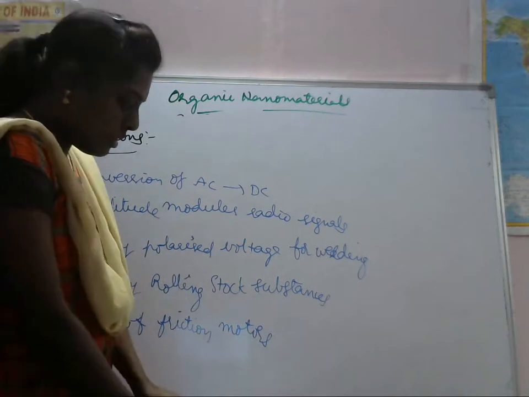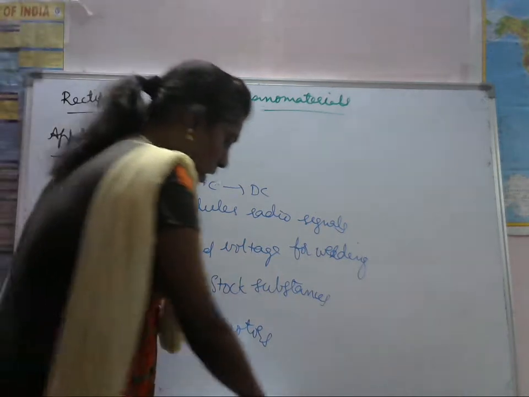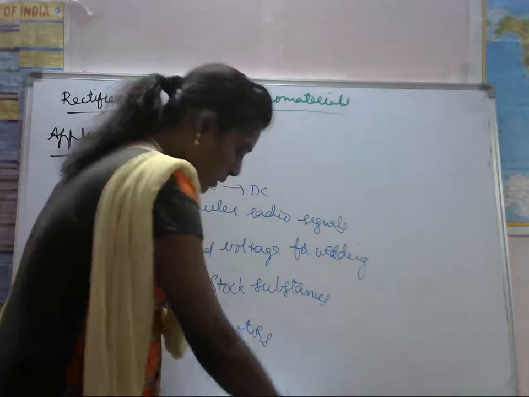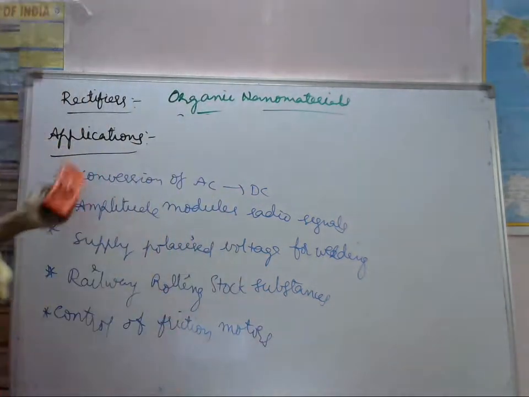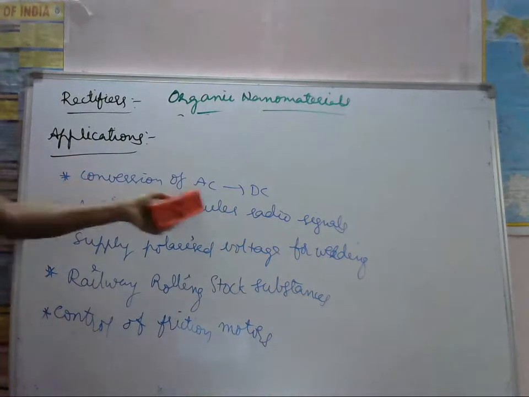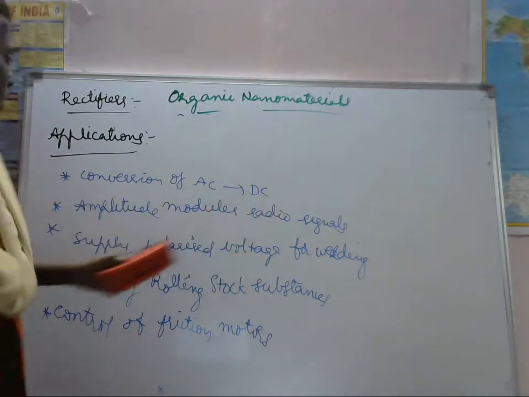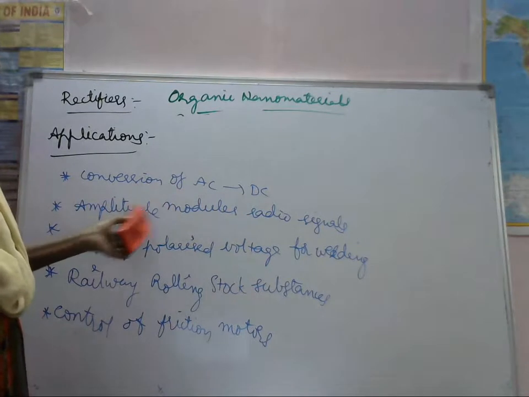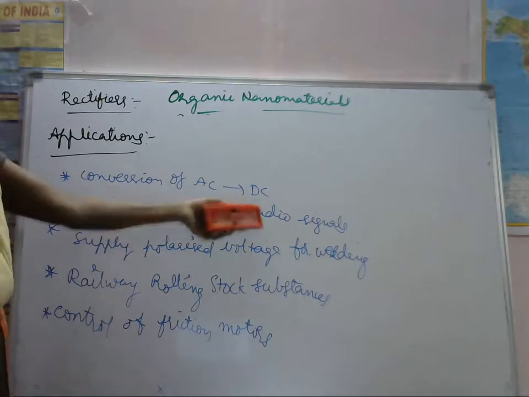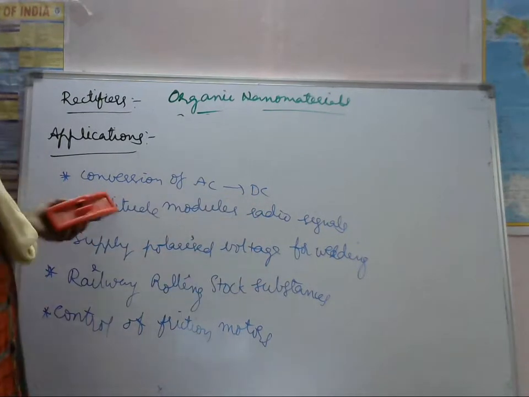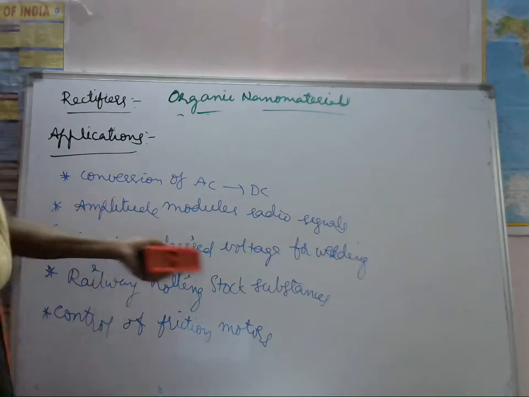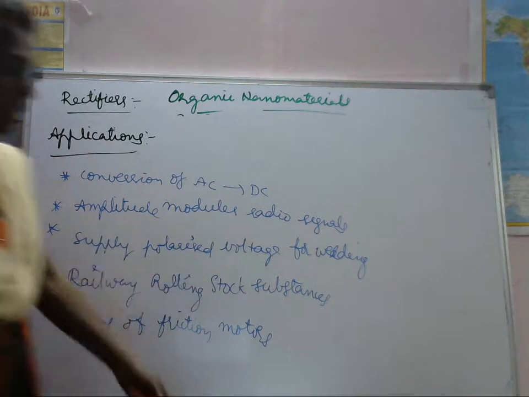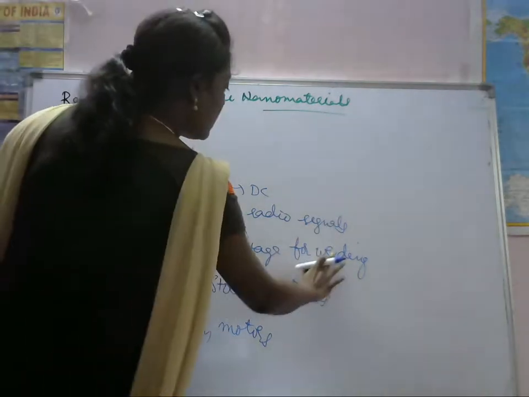So let's see carbon nanotubes. These are the rectifier applications: conversion of AC to DC, and they are used as amplitude modulators for radio signals. They supply polarized voltage for welding.